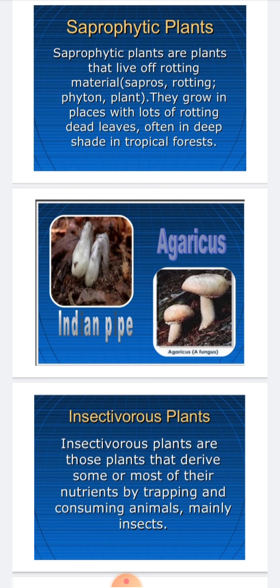Here, two plants are given. They are Indian pipe and Agaricus. These are the examples for saprophytic plants. And you have seen mushroom, then fungus growing on bread. These are also examples for saprophytic plants.